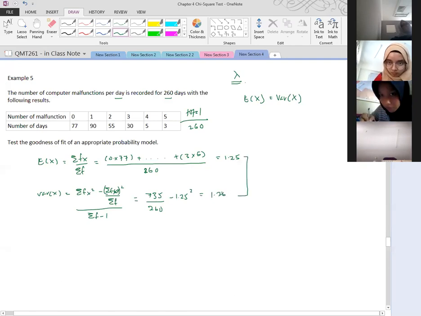If you notice, the variance and expected value are very close, 1.25 and 1.26. So we can conclude that our lambda is 1.25 or 1.26. I prefer 1.25.